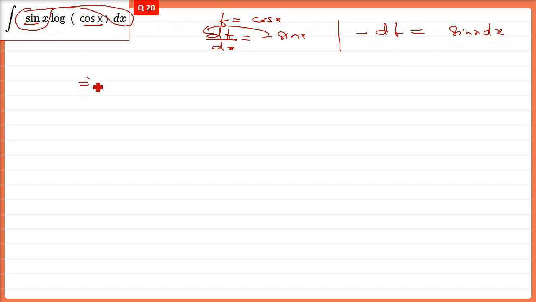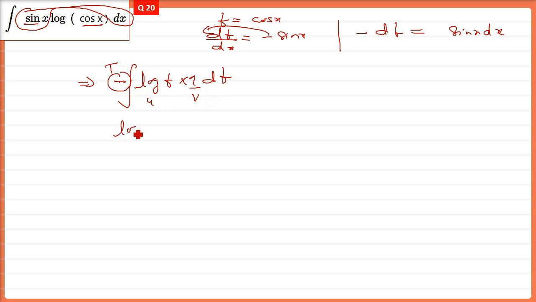So let's write it. Integration of negative dt. So minus I can take outside, dt I can keep it here, and log cos x. Cos x has already been assumed to be t, so it will be log t. Now log t integration directly will be a difficult task. So let's assume that we have a 1 along with this, which can be taken as the second function. Of course, we have done a question like this, so you already know which has to be taken as the first function.